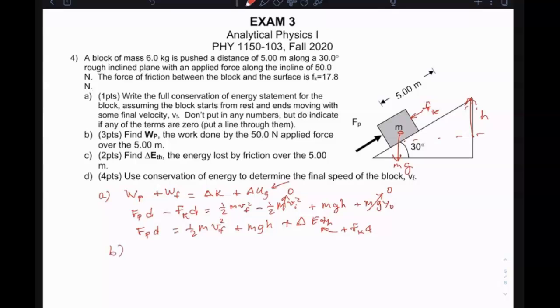In part B, we're asked to find the work done by the pushing force, which they tell us is 50 newtons.